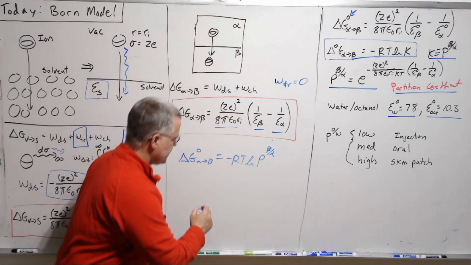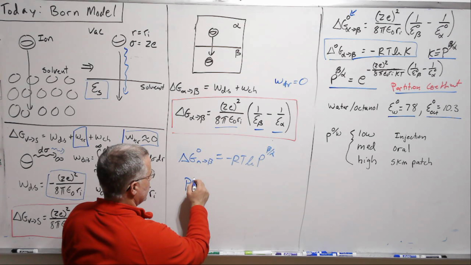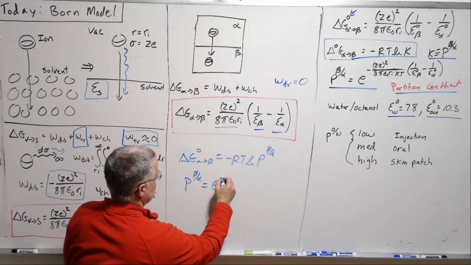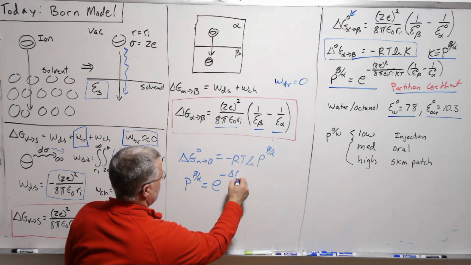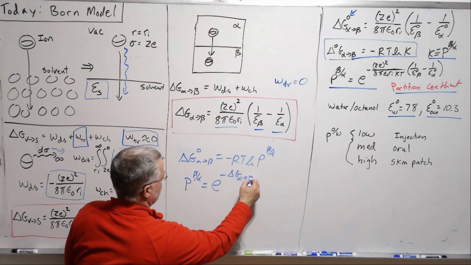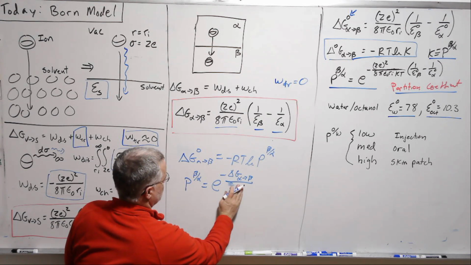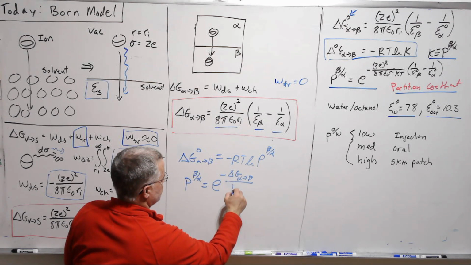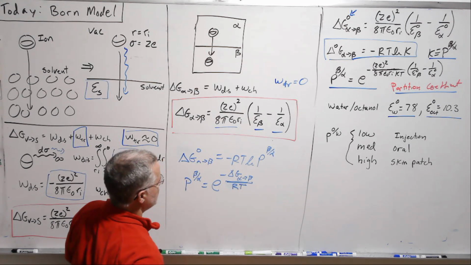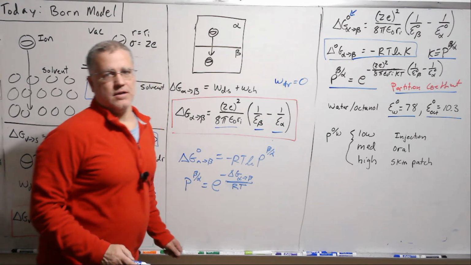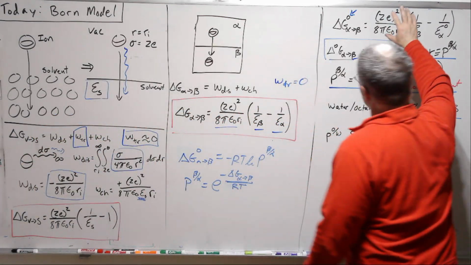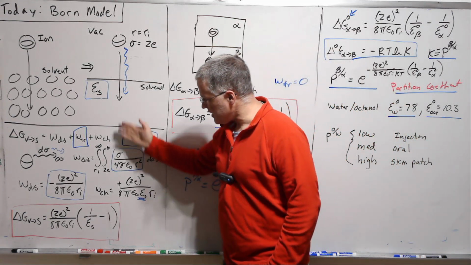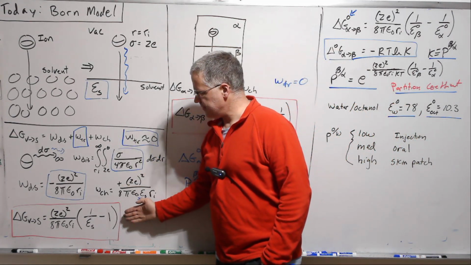So let's solve for this, and get this. All right. Well, how are we going to apply the Born model? We have to make one careful change here. This is talking about one ion.